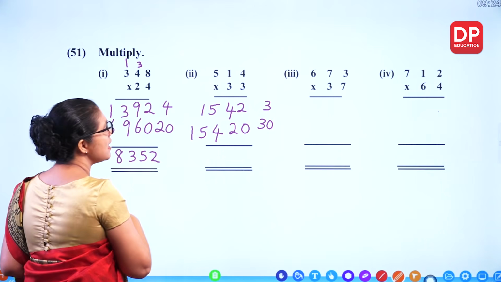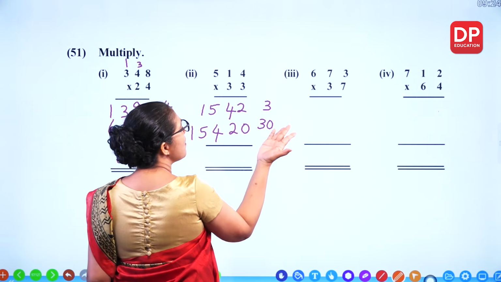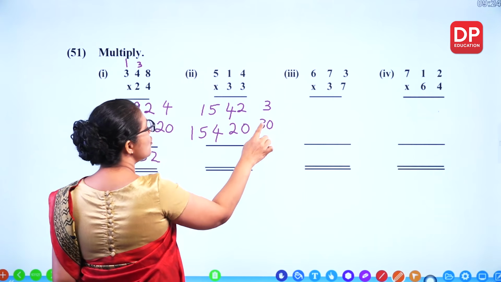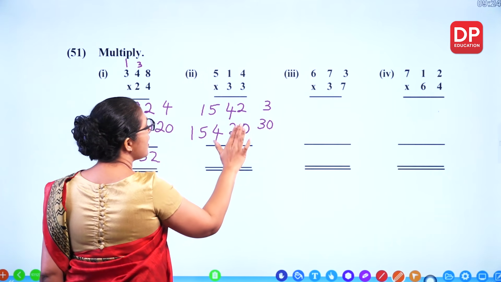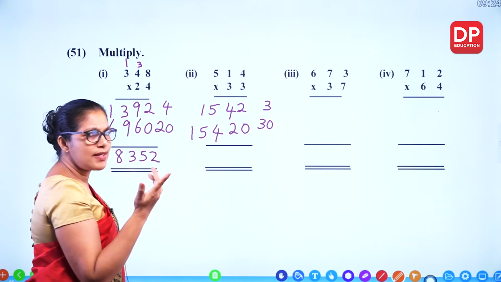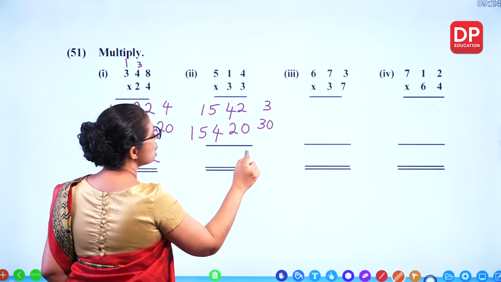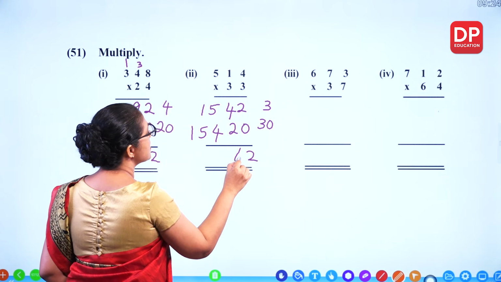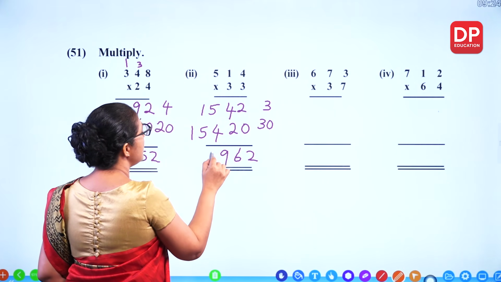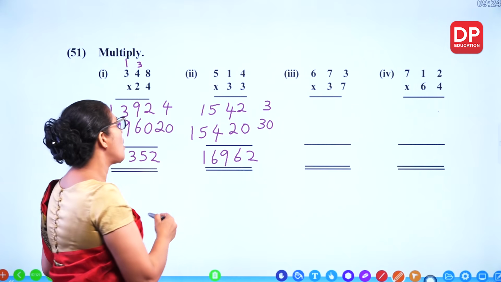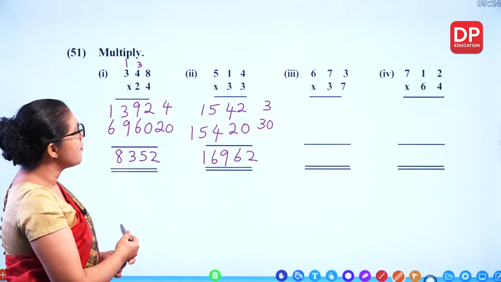So can you see, in this one you are multiplying by 3. So what you do, same answer you are getting but with a 0. 2, 6, 9, 6, 1. 16,962.